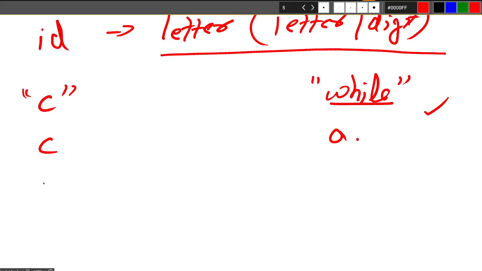Now you can have something like this. If you specify dot here in Lex, it will mean that you can have any character but not a new line.